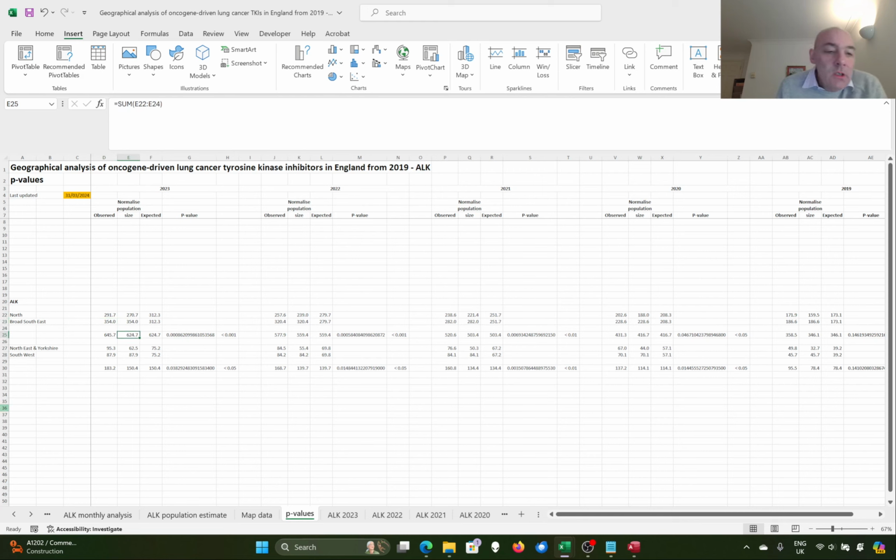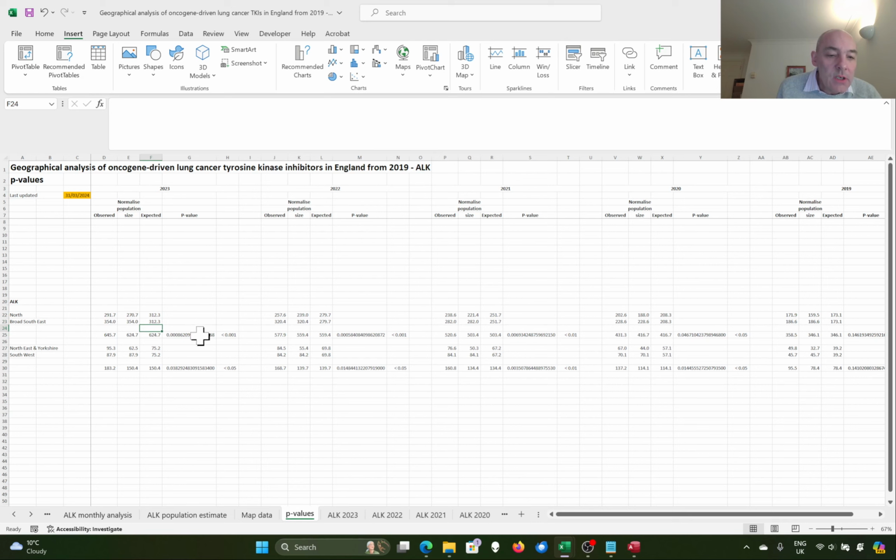A total of just under 625 patients for those two regions. And if it was an absolutely equal uniform distribution, you'd expect 312 in each region.